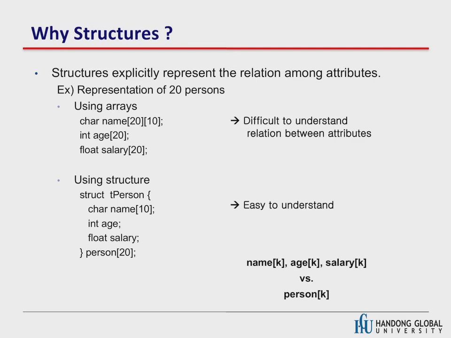Without the structure, we can use arrays. For the names, we need 20 character arrays, because one name corresponds to one character array, like 10 characters in this case. So we need 20 character arrays for the names of 20 persons.